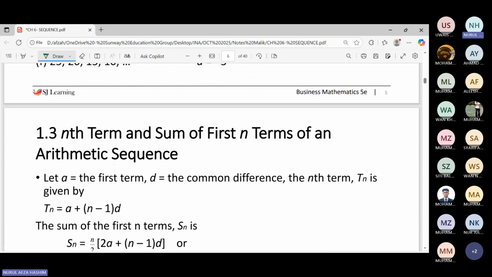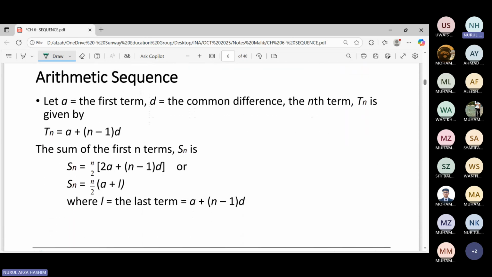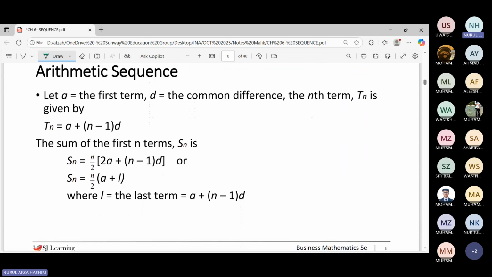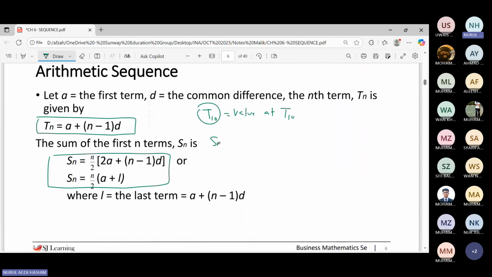All right, now we are using formulas here. For arithmetic, we have two formulas, Tn and Sn. What's the difference between Tn and Sn? Tn means you want to find the value at T10. But S10 means the total value from T1 until T10.